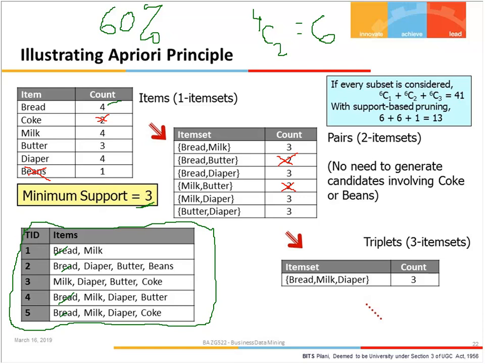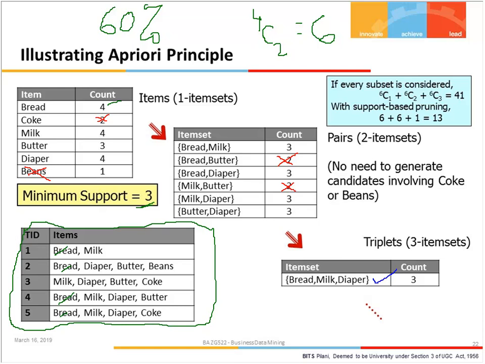Now from them we need to generate the 3-item sets. So let's see, bread milk and bread diaper give bread, milk, diaper. Okay, so we got one. Then bread milk and milk diaper, again bread, milk, diaper. We got that.